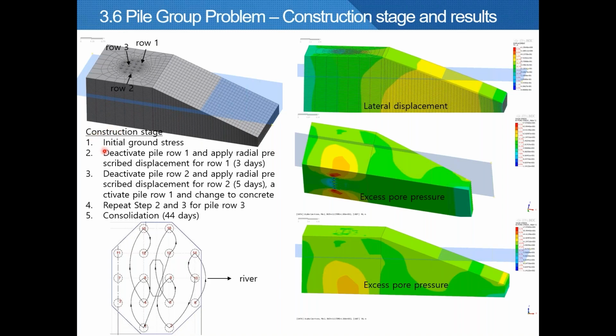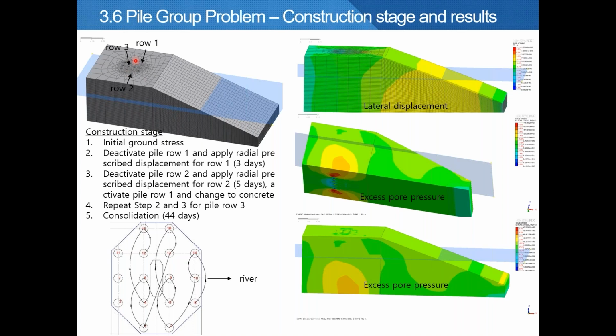The second step is to deactivate the pile row number 1 and apply the radial displacement. There are 3 piles in the first row, so the construction time is 3 days. The third step is to deactivate the pile row number 2 and apply radial displacement.